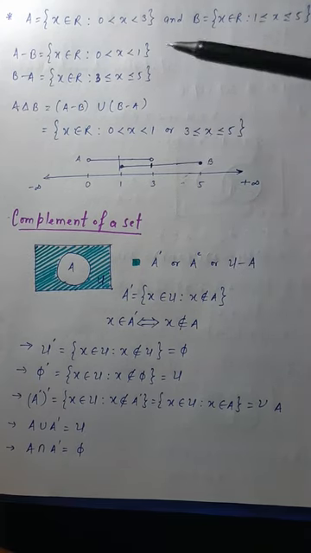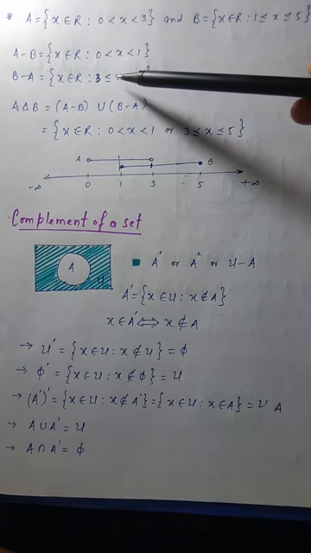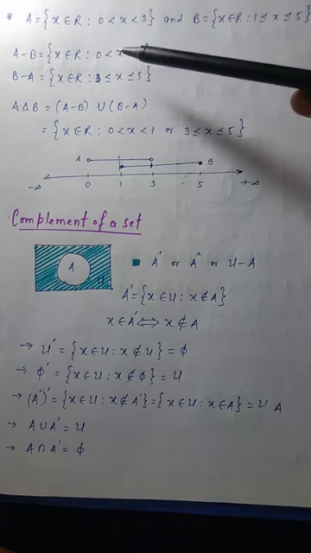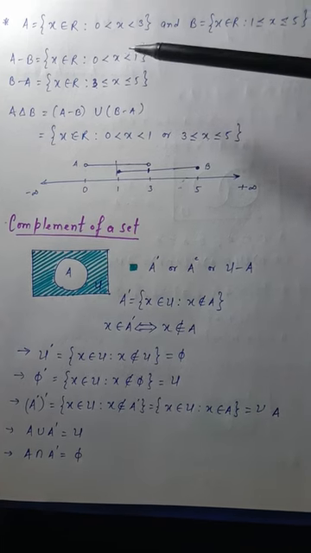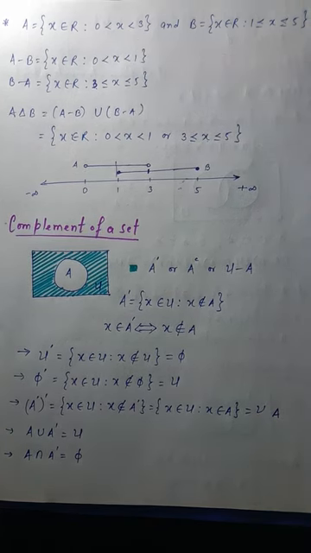So here this B minus A is closed interval 3 to 5, whereas A minus B is open interval 0 to 1.